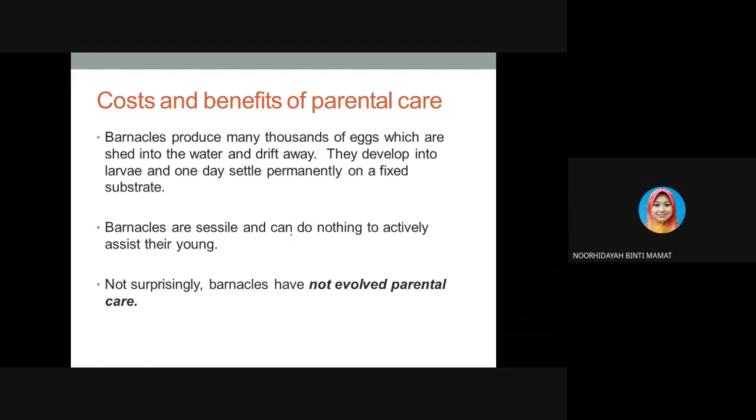At the end they will fix to a substrate, and the barnacles are docile and can do nothing to actively assist their young. So in the barnacle example, they do not have parental care because they can do nothing to assist their young. So this is the example in the group of barnacles.